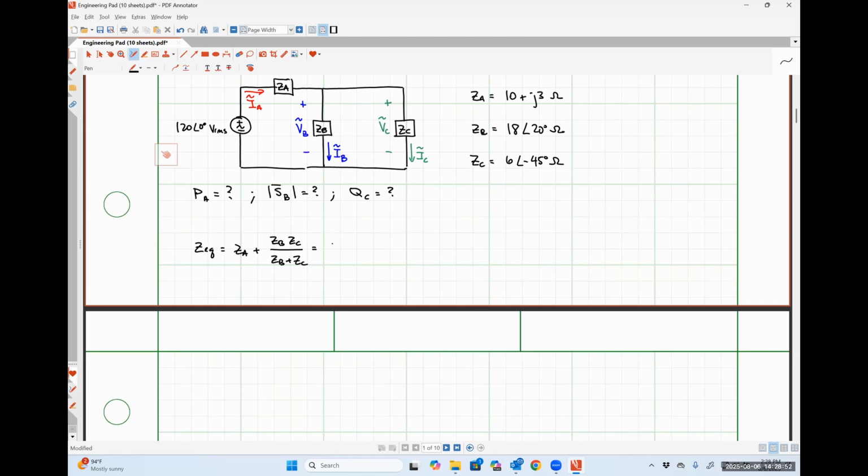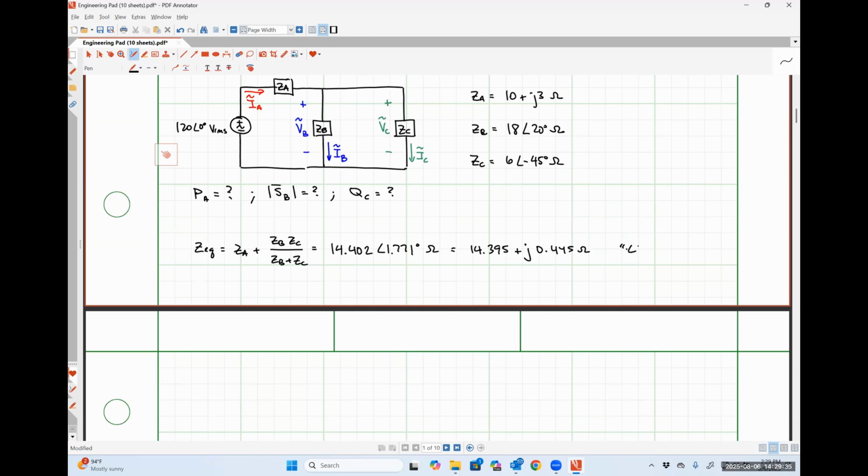And so I get an equivalent impedance of 14.402 with an angle of 1.771 degrees ohms in polar form, or 14.395 plus j0.445 ohms in rectangular form.